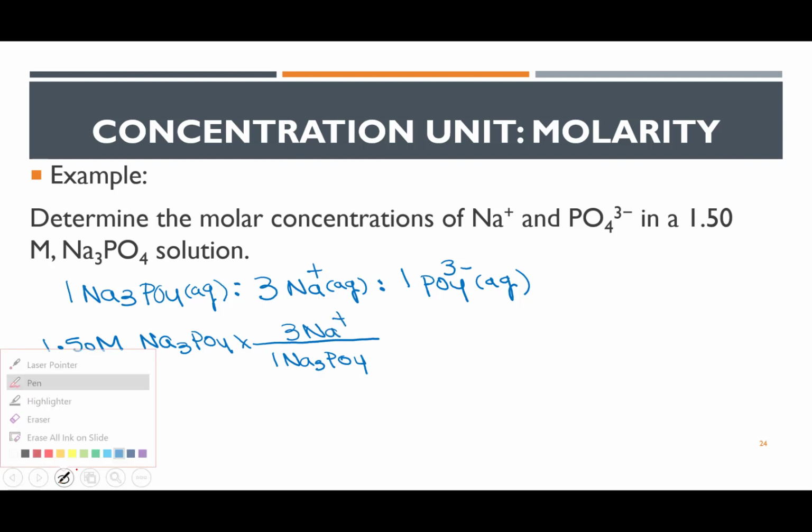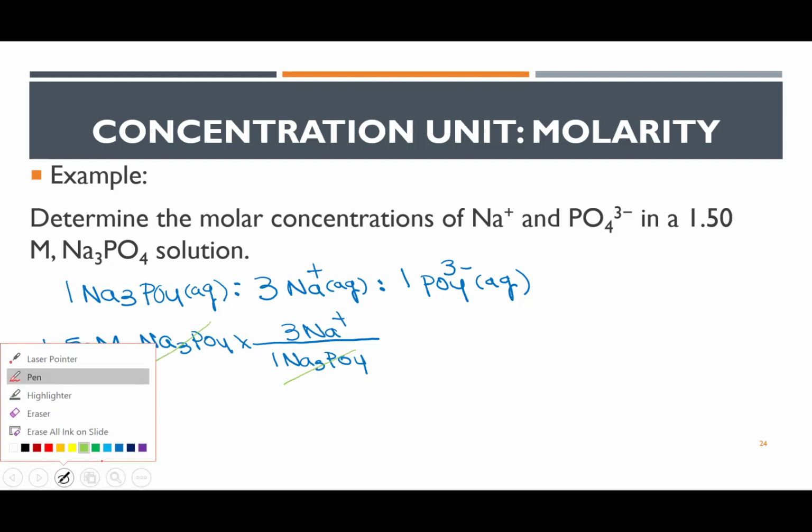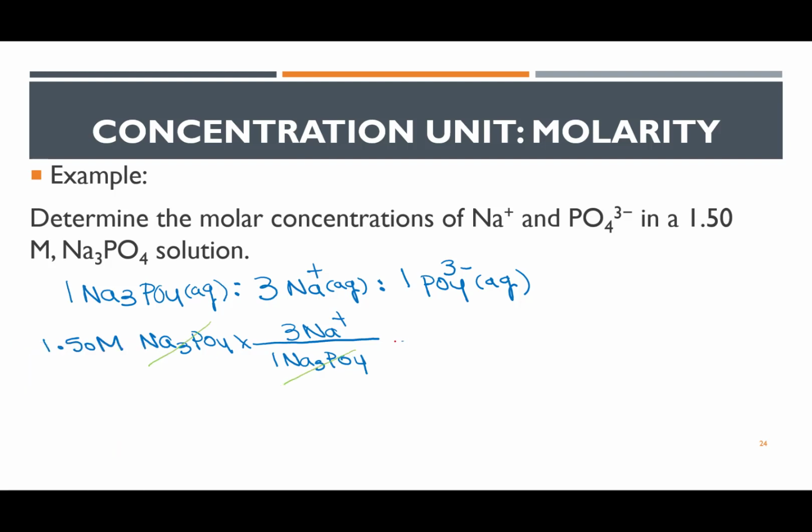Then as you could see here, the moles of sodium phosphate are going to go and I end up with sodium ion, which is going to be equal to 4.50 molar of sodium ion.